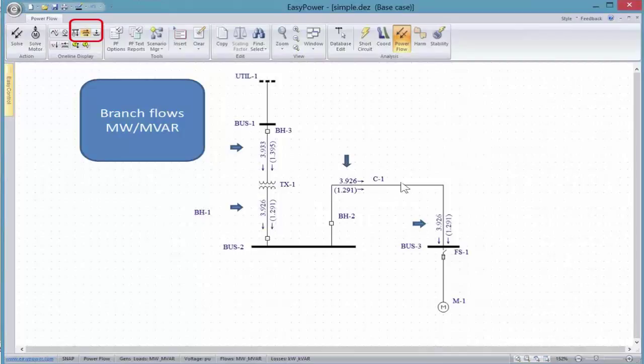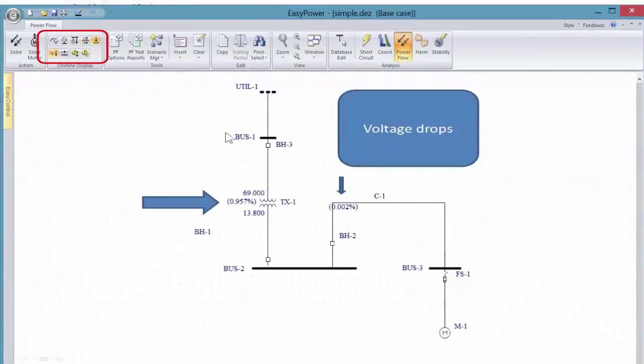Now obviously there's going to be a certain amount of loss in cables and in any of the elements, and optimizing that is part of the task or part of the function of utilizing the load flow analysis.